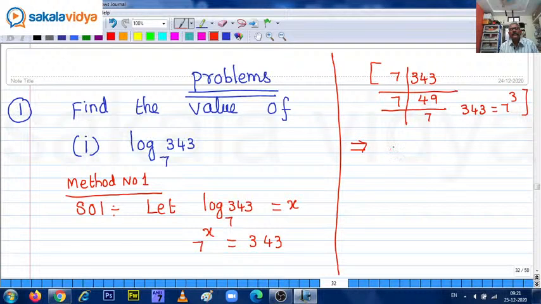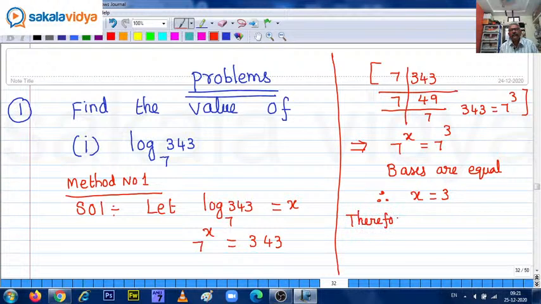Again, 7 power x equals 343, which is 7 cube. Bases are equal. Since bases are equal, powers are equated. Therefore x is equal to 3. But what is x? X is equal to log 343 to the base 7. Therefore log 343 to the base 7 equals 3.